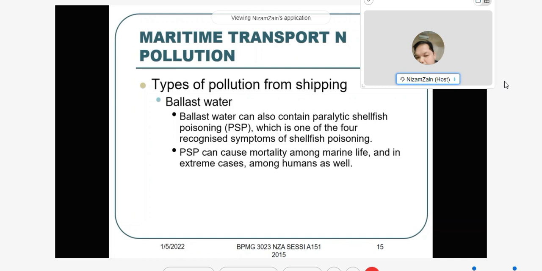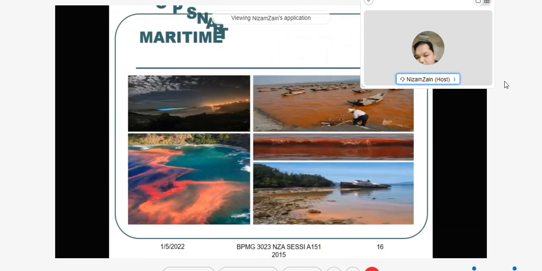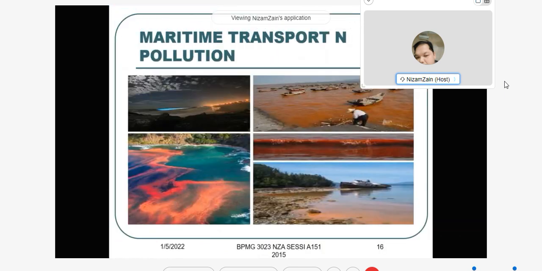They just buy in the market, right? So they just buy and get lucky. You get unlucky, the shellfish have PSP inside, then you'll die. So these are examples of red tides. Also the algae, right? You see the seawater turn red, okay? Like pink, looks pretty but it's all alien species, okay?